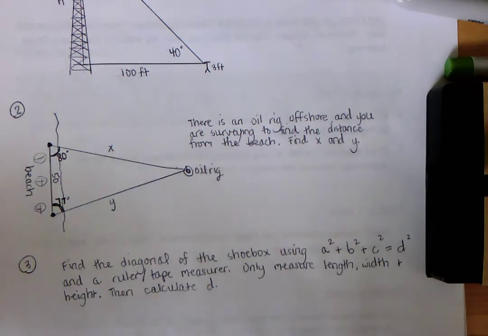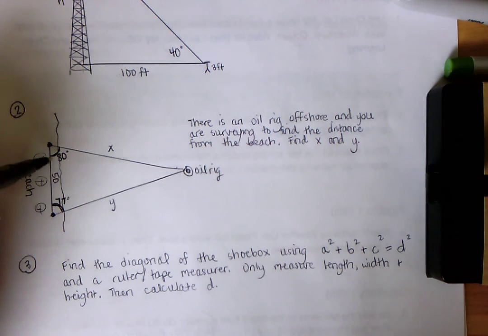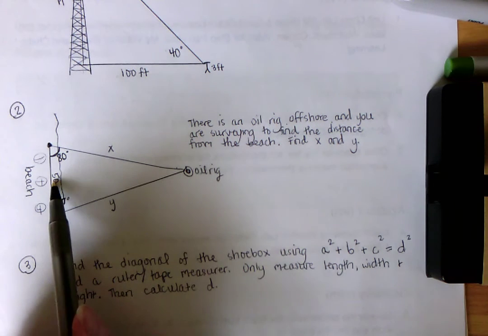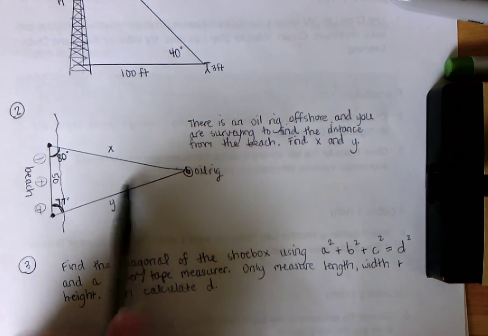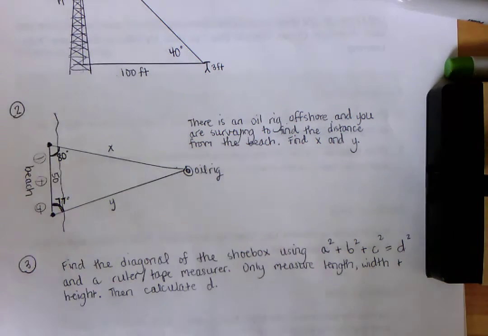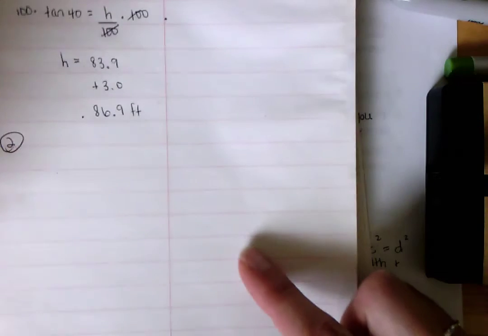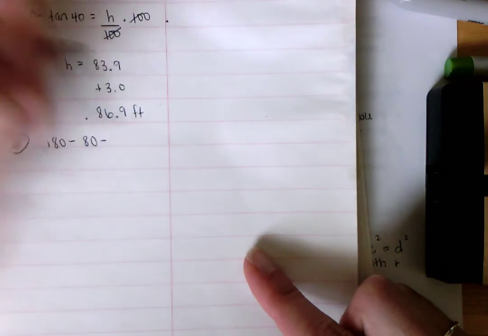So let's just set this up then. Right now, if you think about it, I can't use law of sines just yet. Remember, I have to have a side, and I have to have the angle opposite that side. We don't have that yet, so what do we do? Well, we know that there are 180 degrees in a triangle, so to find that other angle over here, we're going to do 180 minus 80 minus 77, because that's what we had.